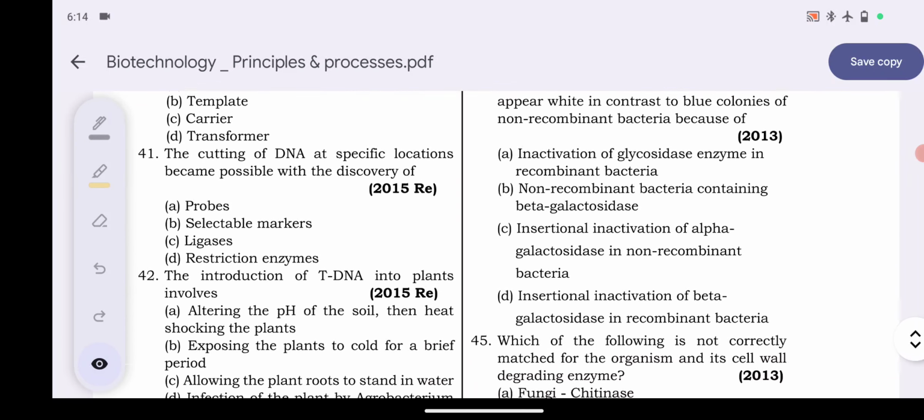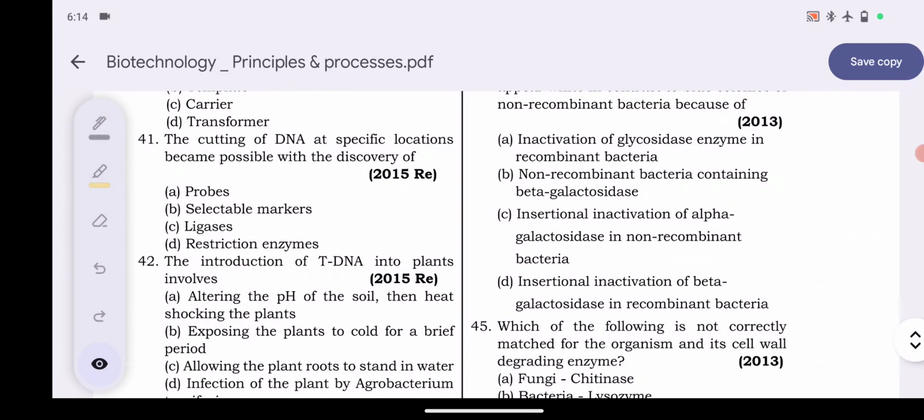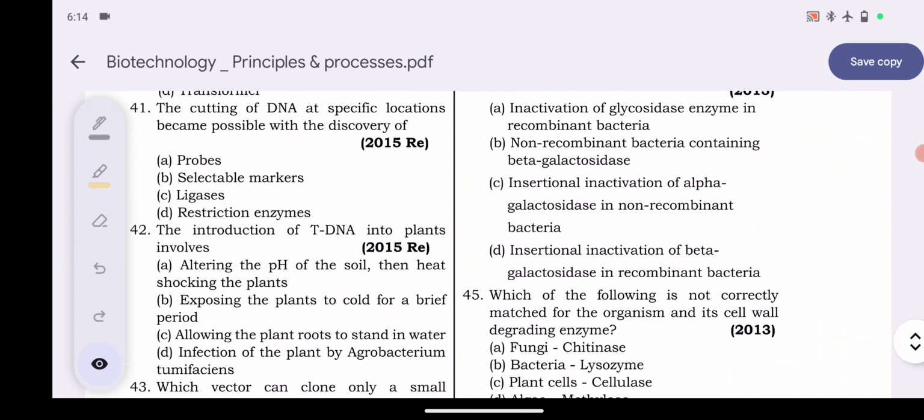Question number 41. The cutting of DNA at a specific location became possible with the discovery of probe, selectable marker, ligase, restriction enzyme.